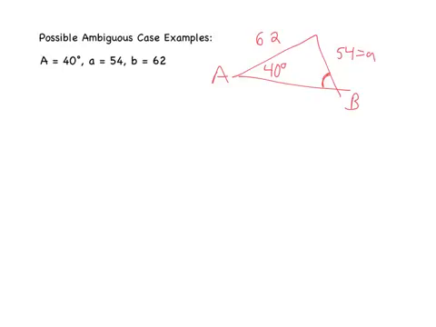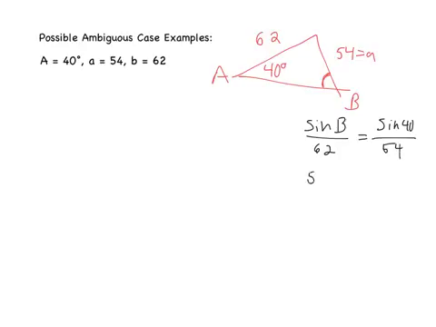So the first thing we have to do is figure out angle B, or at least figure out the first possibility for angle B. So if I do sine B over 62, that has to equal sine of 40 over 54.